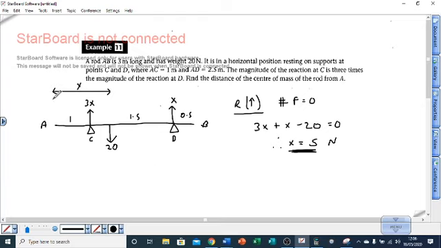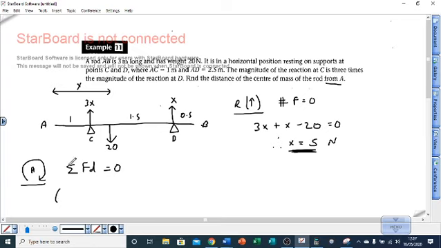So all I'm going to do now is, because we're measuring it from A, I'm going to take moments about A, because I've got all the other information. So taking moments around A, force times distance is equal to 0. I suppose we ought to start writing that, so the examiner knows what we're doing and what this all means. I keep on forgetting that. Right, so here we go.